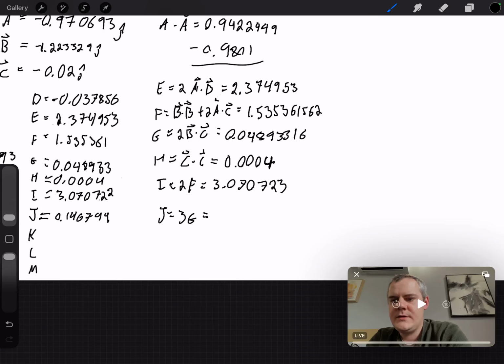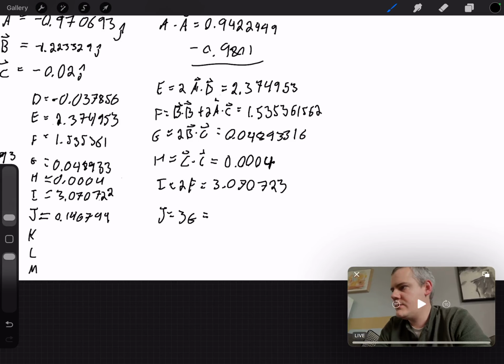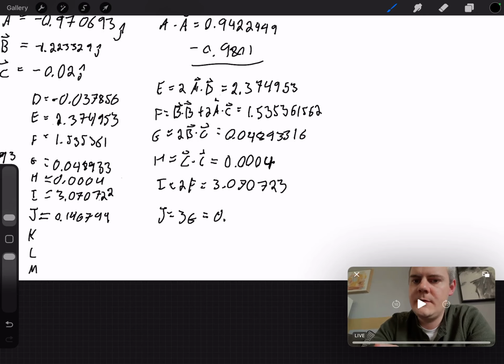Hopefully these late ones are not too much trouble on account of them just being multiplications. I mean, it's all just multiplications, isn't it?